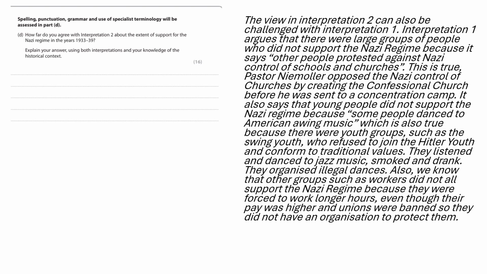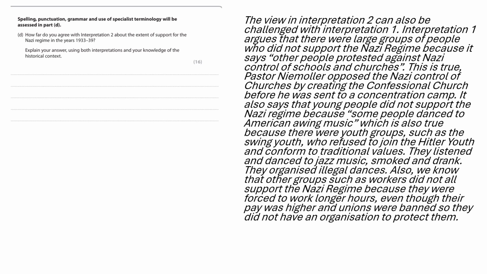And then you're just going to repeat the structure. Interpretation 1 argues that, write it in your own words. You've done that for 3b and for 3c. It says, this is true. It also says, which is true. And then support it with contextual knowledge.